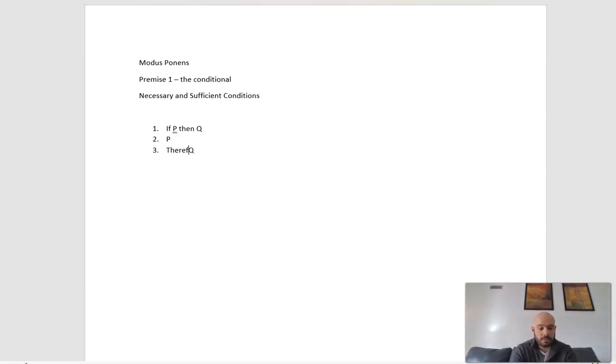Now, note that P and Q have their place, right? P belongs here, P belongs here, Q belongs here, Q belongs here. This doesn't mean you can't do something like this. You can do that, that's fine. That's still a modus ponens because look, the Q is in its place.